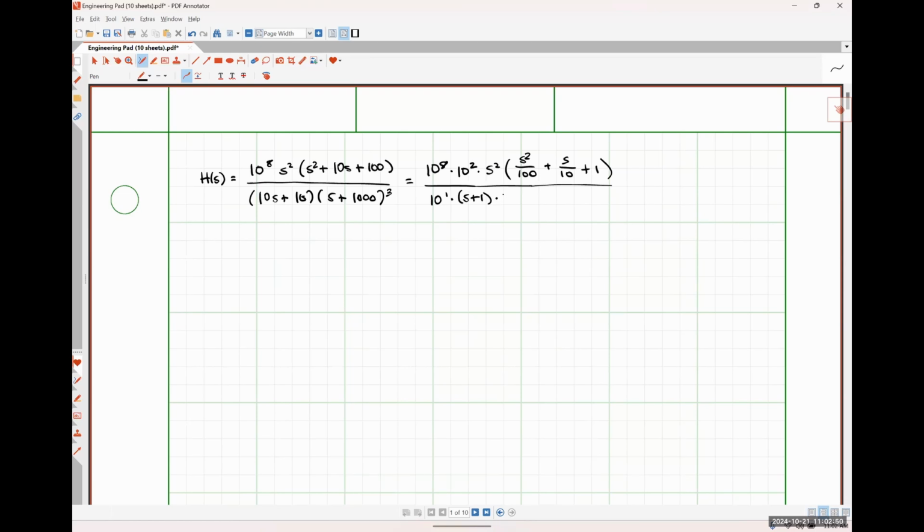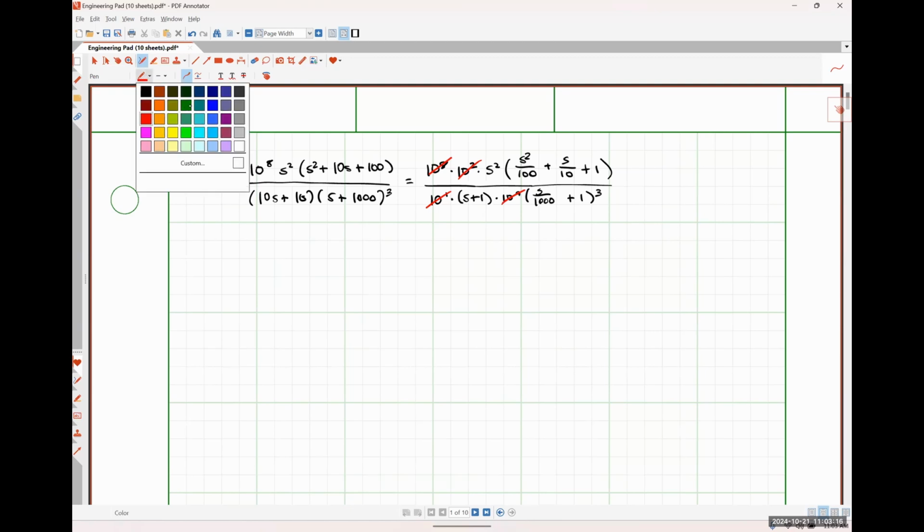So that'll be 10 to the 9. S plus, actually, hold on. S over 1,000 plus 1 quantity cubed. So I can see that I have a 10 to the 8 and a 10 to the 2 makes 10 to the 10. That's going to cancel out the 10 to the 10 in the denominator. So all of those things go away.